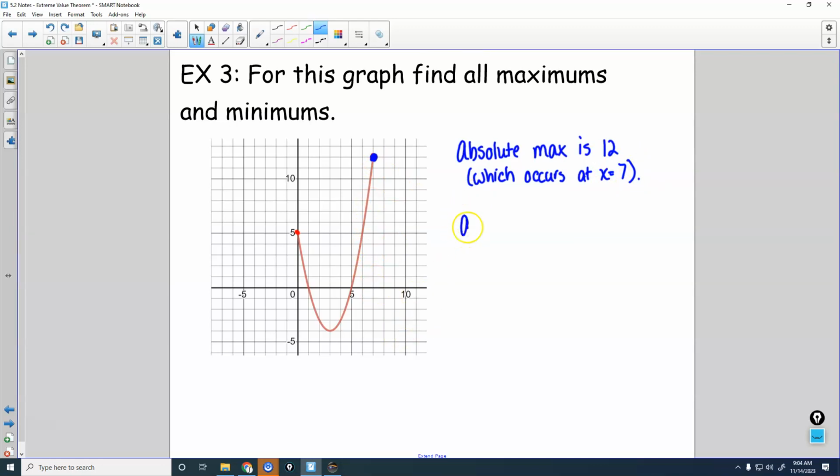You also have an absolute minimum. What is our absolute minimum? -4, which occurs at x equals 3. Those I'm certain about. Without a doubt, those are correct.